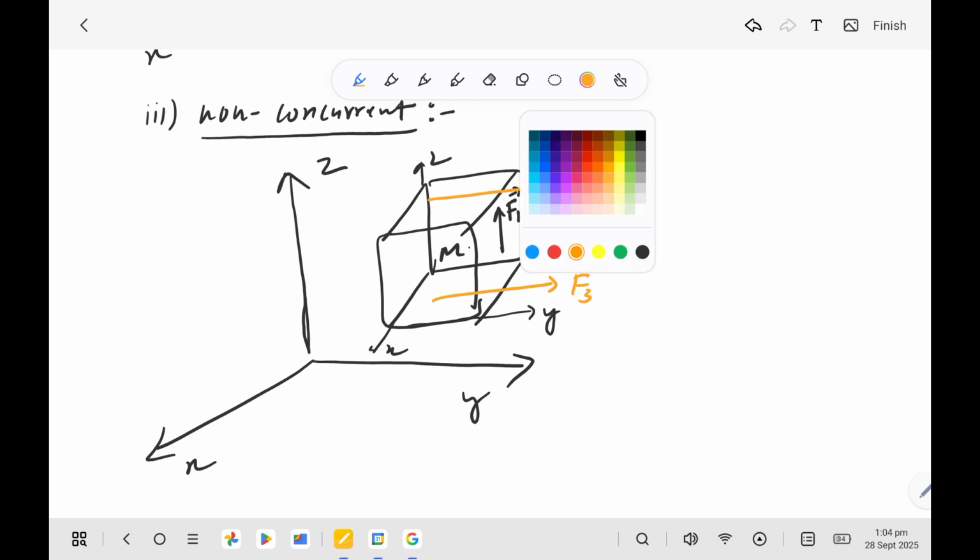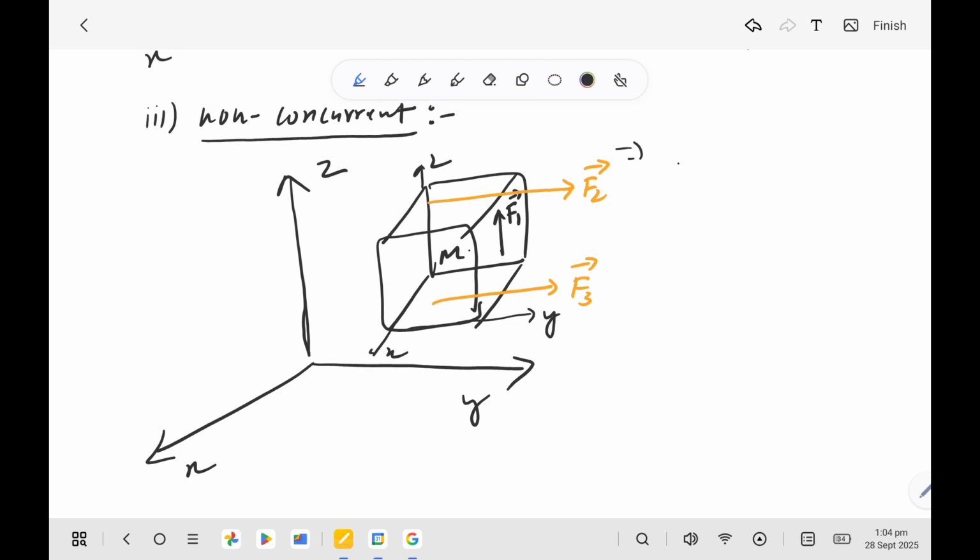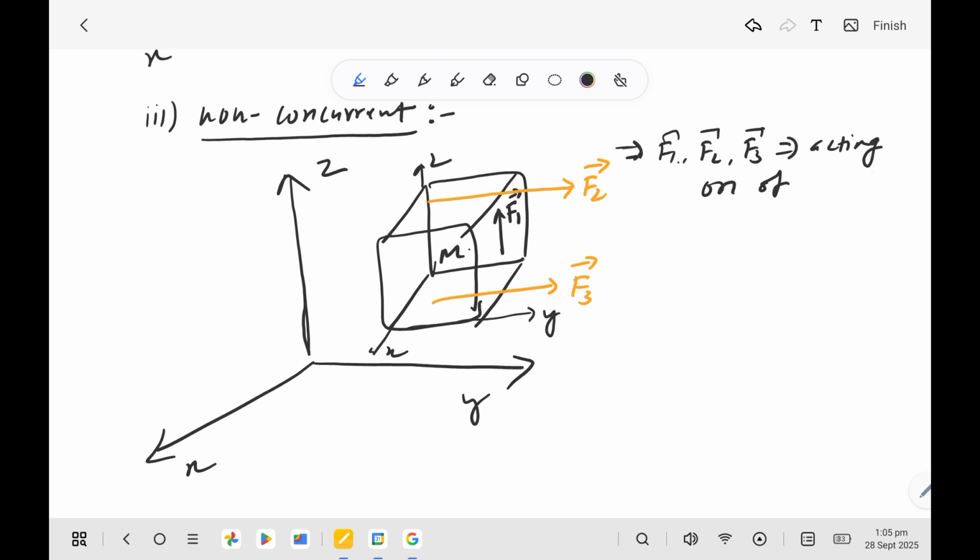Okay, so now what do we observe? We observe that a group of forces is acting on this object. Okay, so F1, F2 and F3 are acting on the object in space.